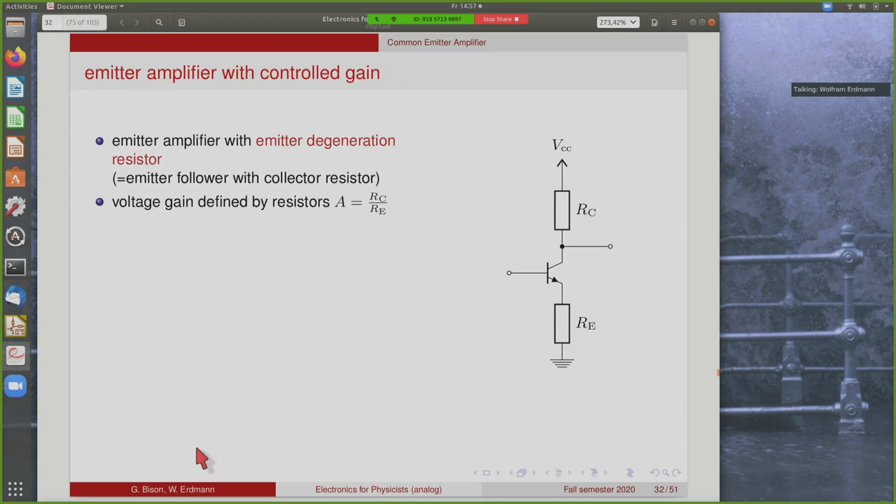And now there is a way to change this amplifier to make it also stable against device variations, and this is done with the so-called emitter degeneration resistor. This is shown here. So before we had connected the emitter of the transistor directly to ground. Now we add a resistor here.